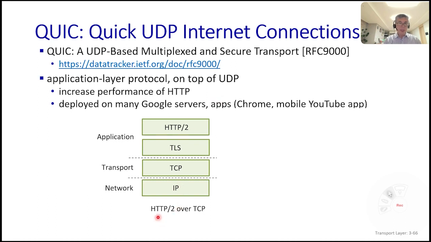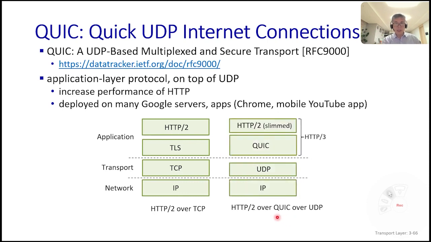IETF stands for Internet Engineering Task Force. So this is HTTP version 2 over TCP, IP, TCP, and TLS, transport layer security. This is called HTTPS. And in the QUIC case, instead of TCP, UDP is used, and over UDP is QUIC. QUIC also includes the TLS part, okay, so secure transport functionality is included.